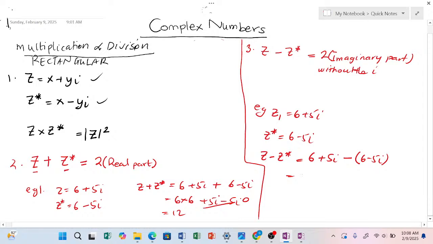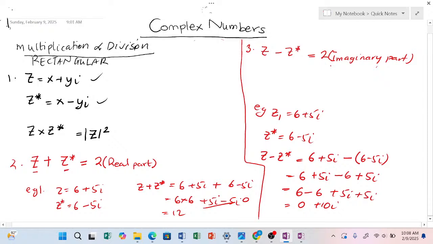So we are going to get 6 plus 5i minus minus 6 plus 5i. So grouping like that, you have 6 minus 6 plus 5i plus 5i, and that's going to give us 0 plus 10i. So the i should be part. So just 2 times the imaginary part with your i.